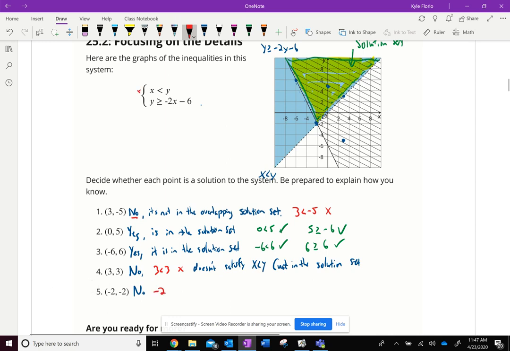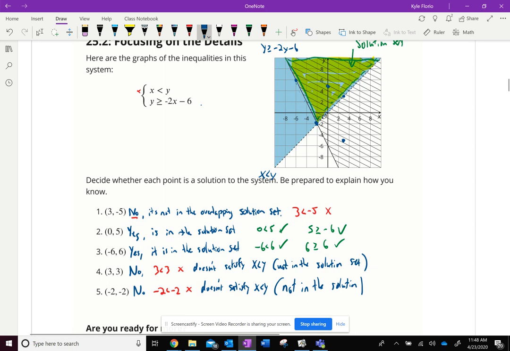Is x less than y? Is negative 2 less than negative 2? It's certainly not the case. Negative 2 is equal to negative 2, not less than negative 2. So this one also doesn't satisfy the first inequality, and it's not in the solution set.